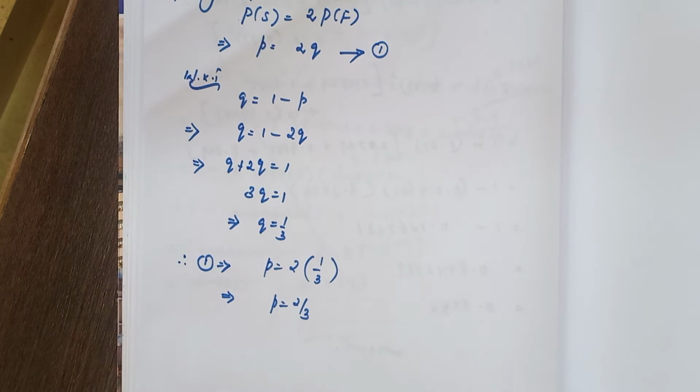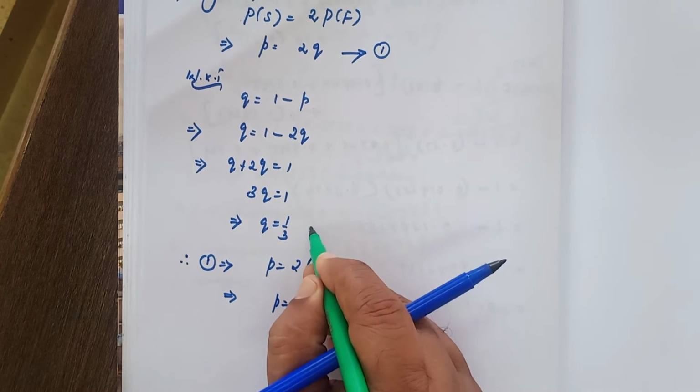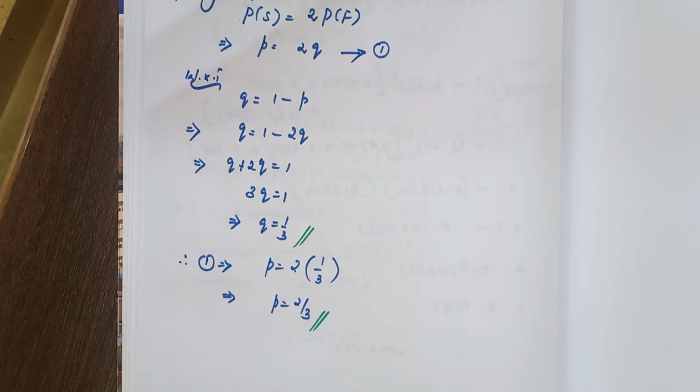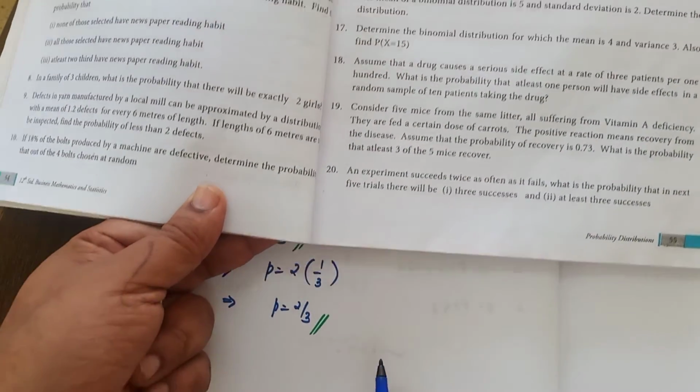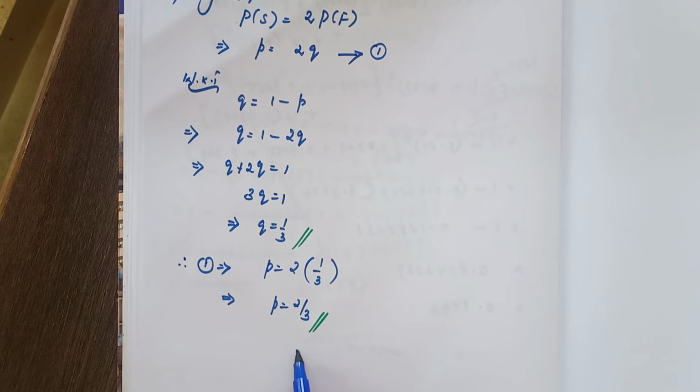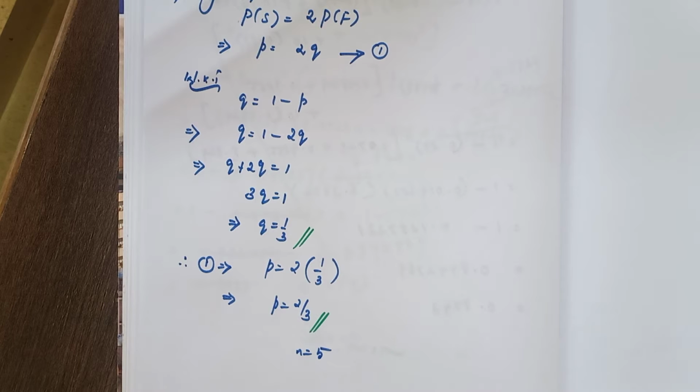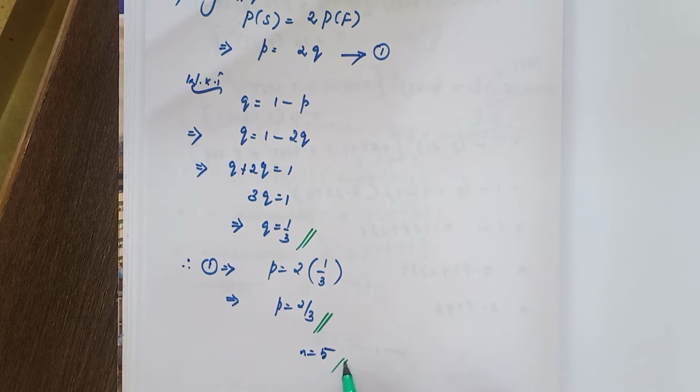Now we got the value of p and q. N value is given in the question itself. Look at that, here is the question: next 5 trials, n is equal to 5. Okay, now write the binomial distribution.